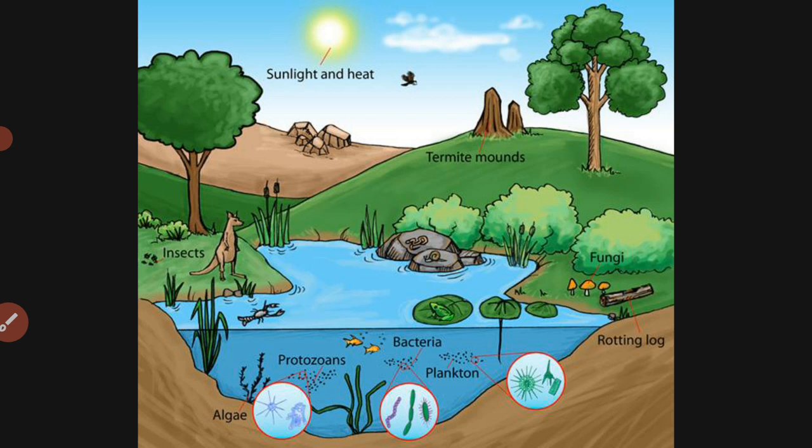A typical pond ecosystem contains fish, frogs, algae, water lilies, and other species that live in and around the pond. Most of the ecosystems are complex and contain thousands of interacting species. These species interact with each other and also with the abiotic component.